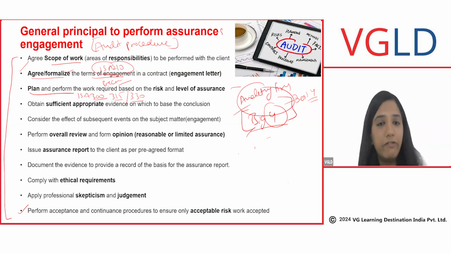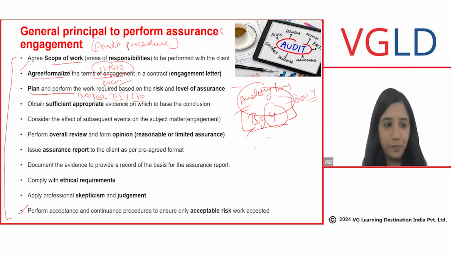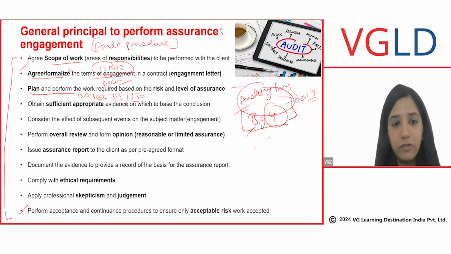All of this comes in your field work. And then comes your reporting stage, wherein you collate and collaborate with the team. You consolidate the working papers, put them in a draft report, sit with the client, and then you roll out a final report.